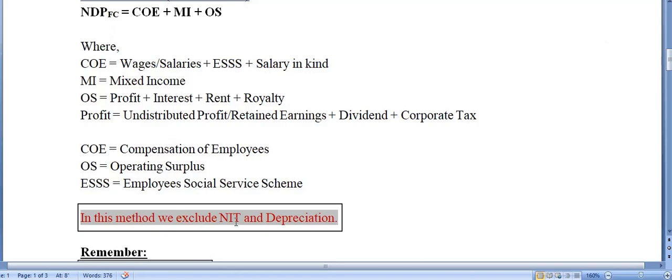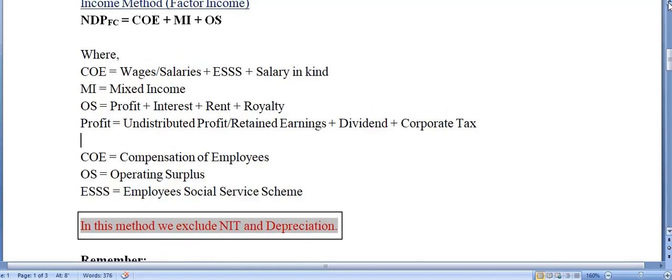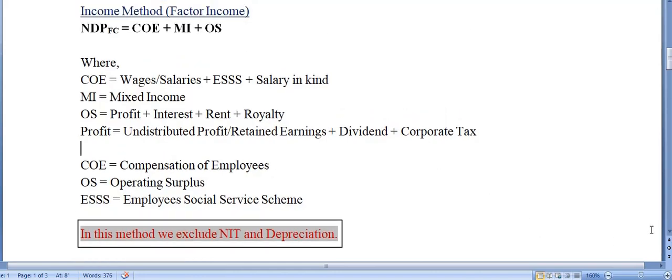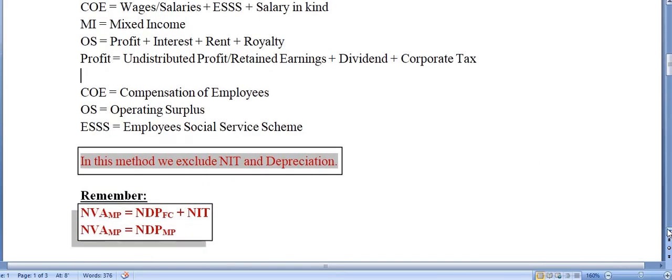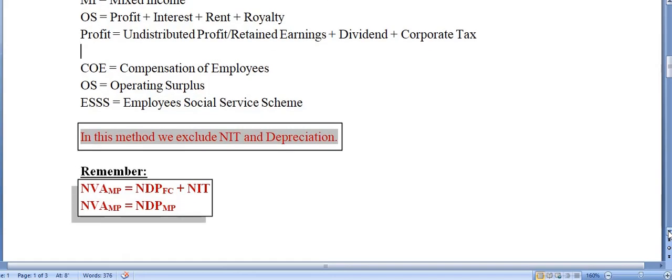So NIT should be excluded, and we calculate at net value, so depreciation has to be excluded. This is the main formula, so you need to understand this part. But you can change it according to the situation, and I will tell you how to change the formula.